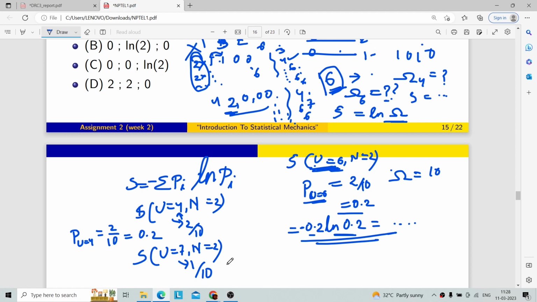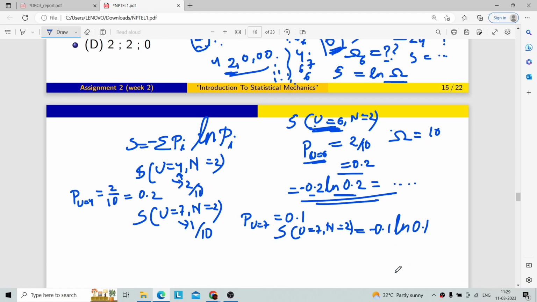So we have the probability of U equal to 7 as 0.1. So the entropy is minus 0.1 ln 0.1. For this also, I think you will get 0. You just cross check in this method and the Boltzmann method. You will have some different numbers, but the behavior will be similar.